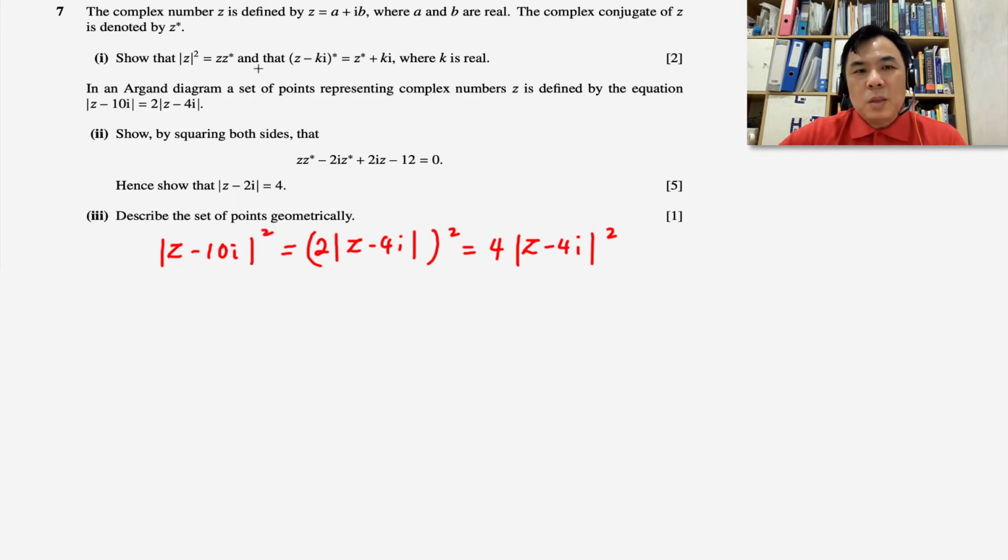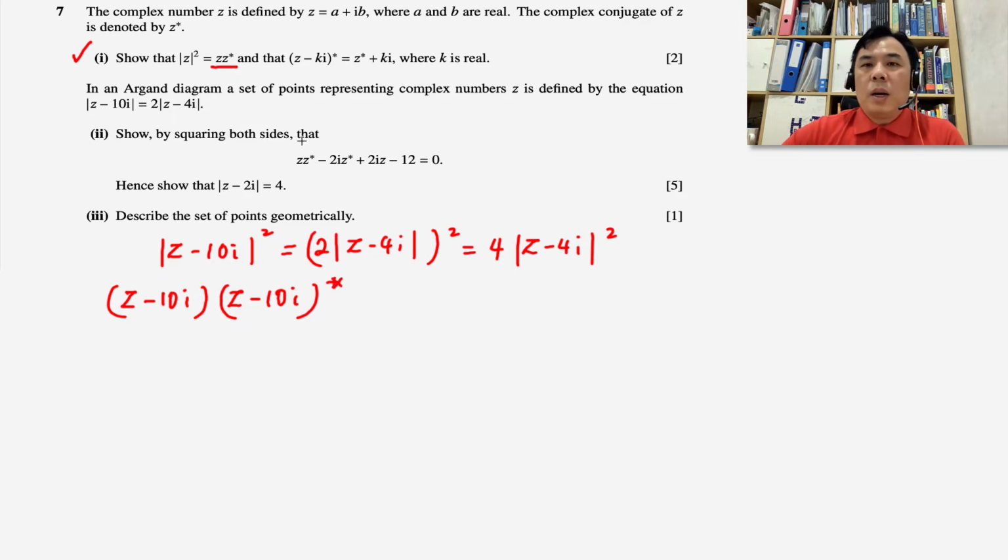What you need to do is make use of all the results that we have obtained previously. If you want to obtain the square of the magnitude, we should be using this one here. By that, it means z and the complex conjugate of the complex number here. So what that actually means is z minus 10i is represented by this.